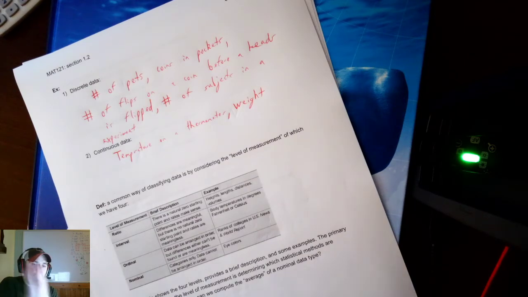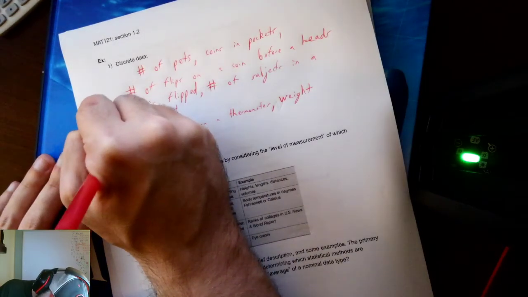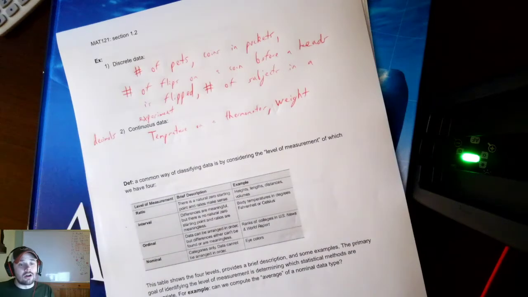There's not just one value you can have. Somebody could weigh 180 pounds. What's the next weight after 180 pounds? Is it 181 pounds? No, someone could weigh 180.5, right? So a good way to think about this is decimals are commonly found in continuous data. If you have decimals, then your data is most likely continuous.